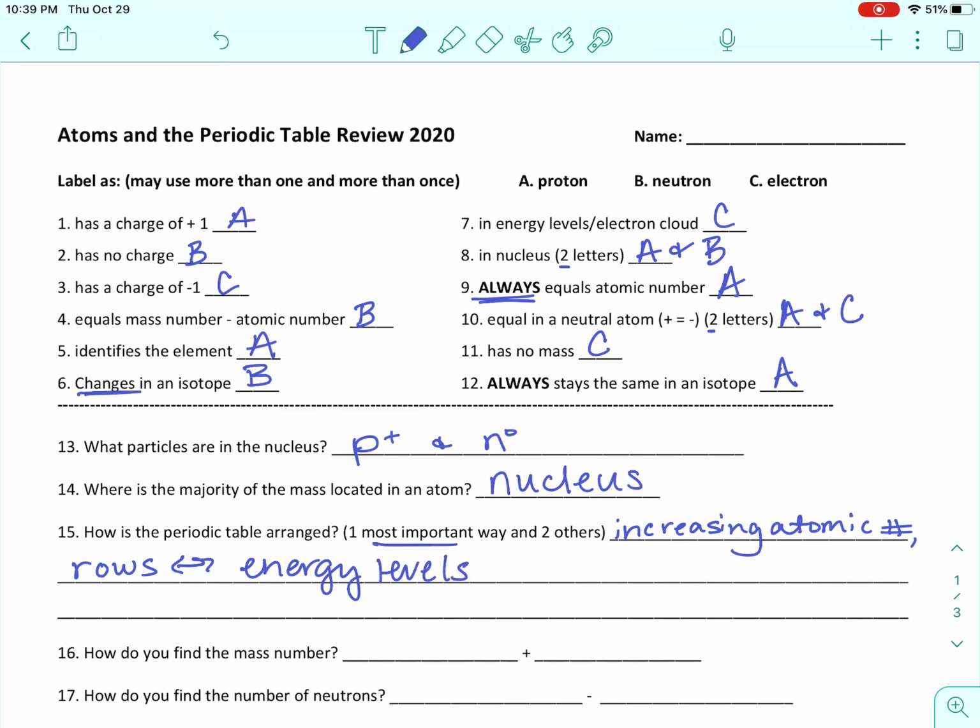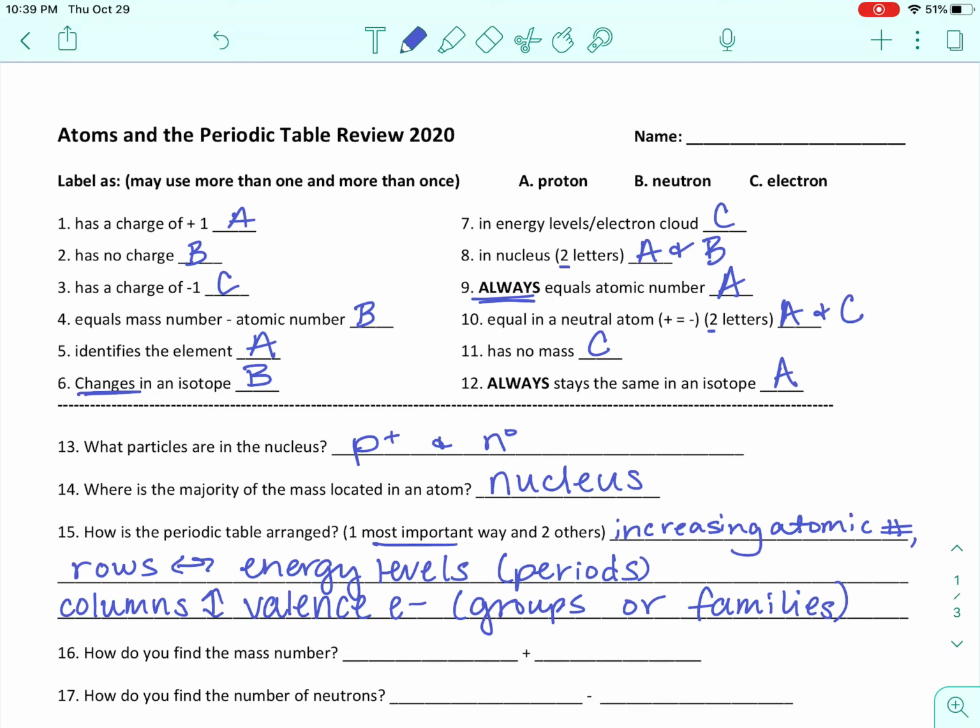Remember that rows are also called periods. And then you have your columns, which go up and down, and they're organized by valence electrons. And remember, those are called groups or families.